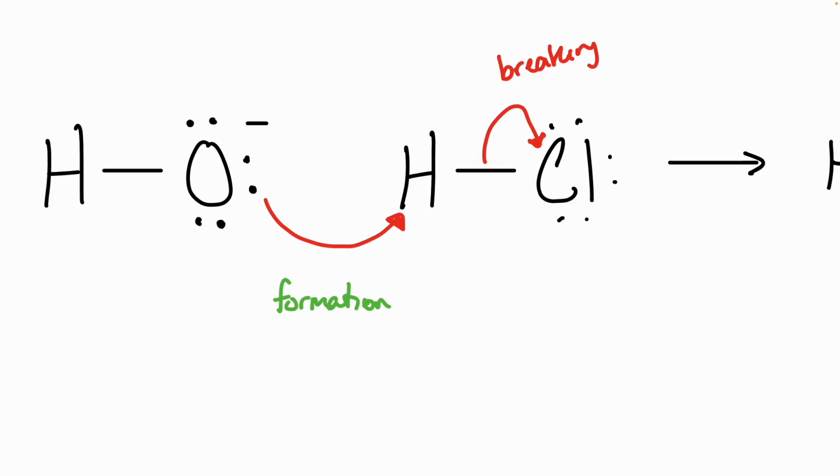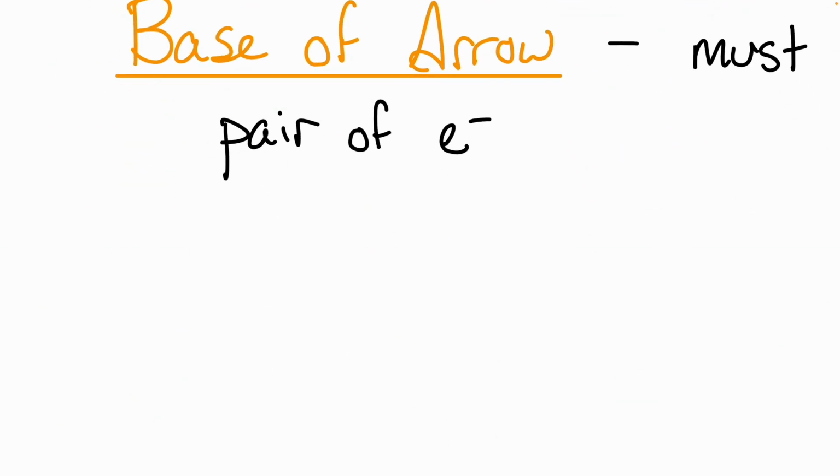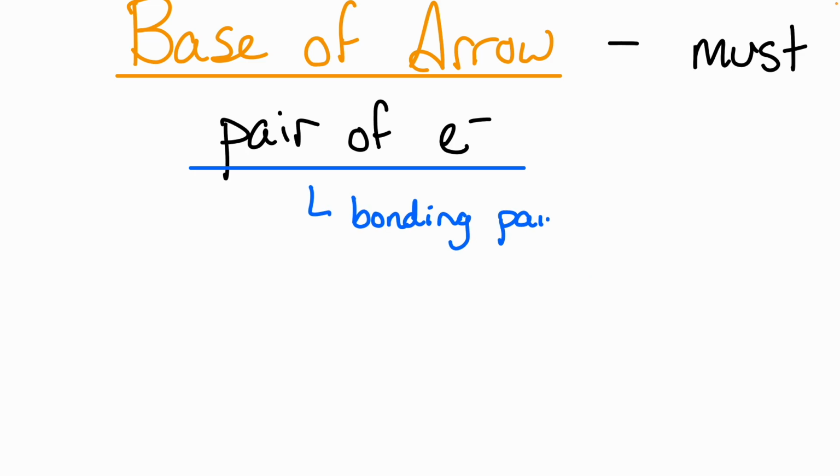So the base of our arrow must be at a pair of electrons. Now that could either be a bonding pair or a lone pair. All right, either one of those is fine, but it has to be at a pair of electrons.